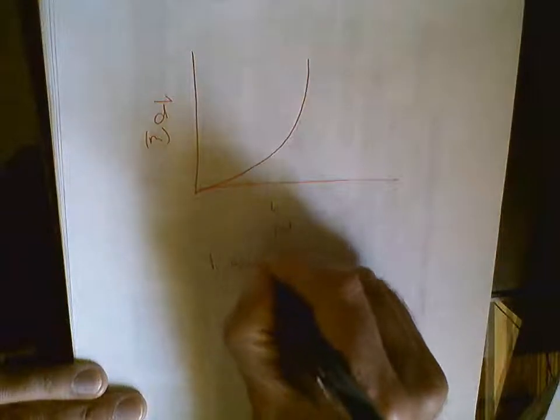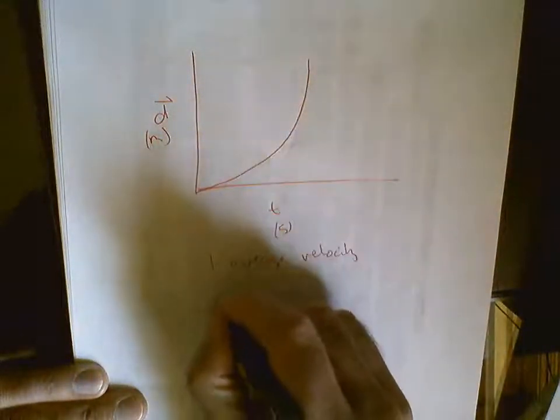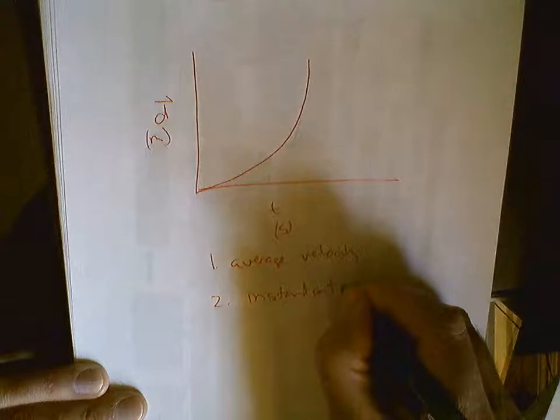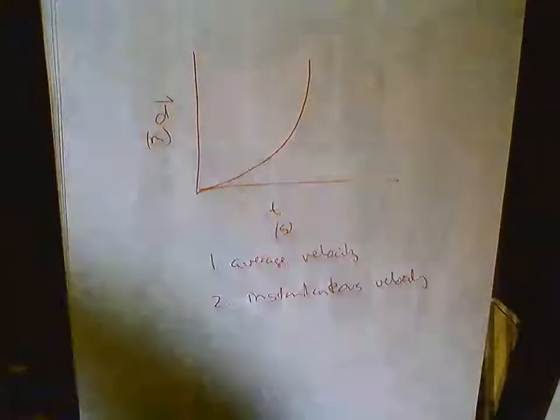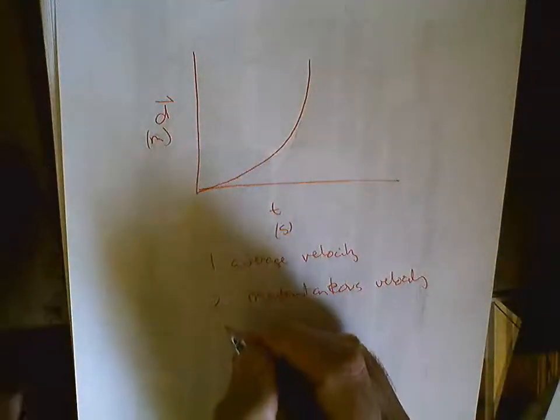So we're going to do average velocity. And we're going to do instantaneous velocity. To get the average velocity, what we draw is something called a secant.